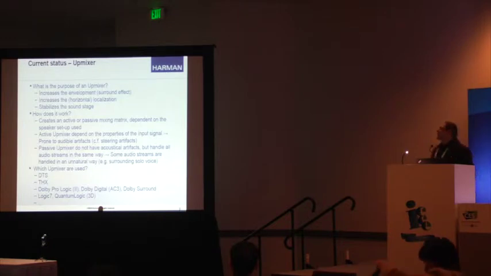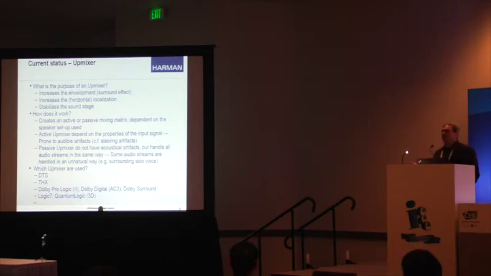Okay, then we have also the purpose of an upmixer. So what is an upmixer? An upmixer is a signal processing block that makes out of a stereo signal, for example, a 5.1 or any other format.